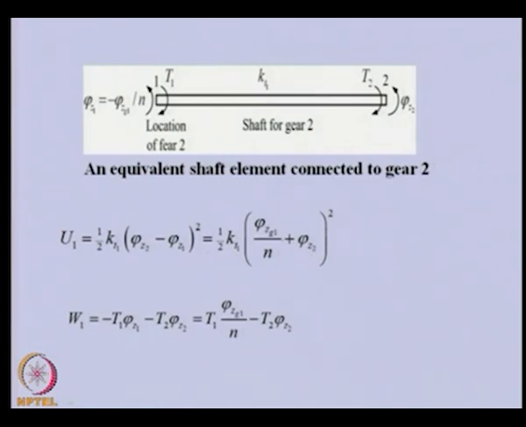Similarly, the work done by the two reaction torques because of these angular displacements will be given by this, and this angular displacement again we can replace with respect to the gear 1 angular displacement.